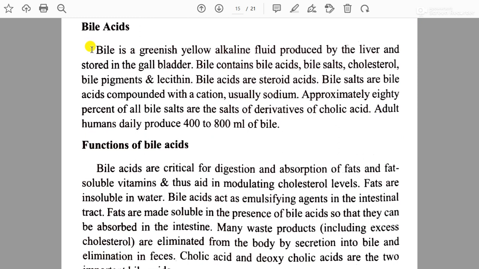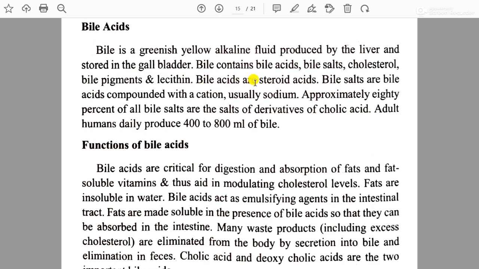Bile is a greenish yellow alkaline fluid produced by the liver and stored in the gallbladder, and bile contains bile acids, bile salts, cholesterol, bile pigments and lecithin. So what are the substances? Bile acids, bile salts, cholesterol, bile pigments and lecithin.